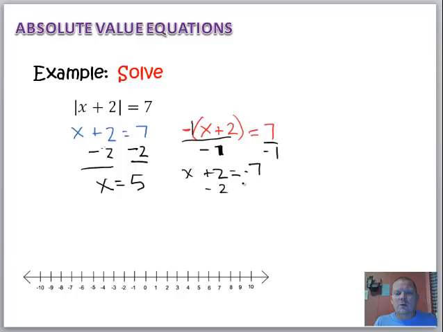Then I subtract 2 from both sides and get x equals -9. So I have two answers. One is x equals 5 and the other is x equals -9.